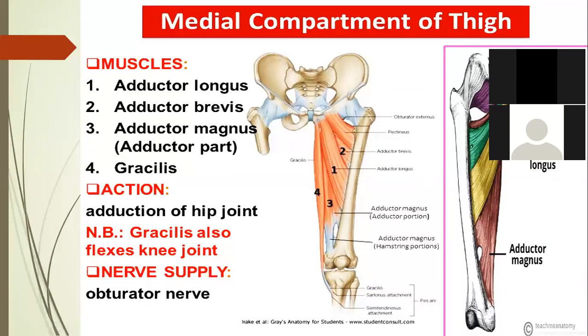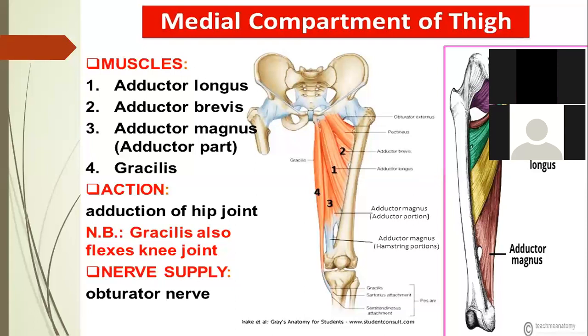Action of the obturator externus is very simple. It causes the lateral rotation of the hip joint. So it is the powerful lateral rotator of the hip joint. It does not assist, it does not augment. It's a prime mover, like the piriformis, like the obturator internus.